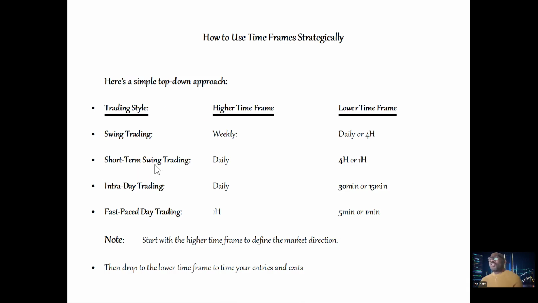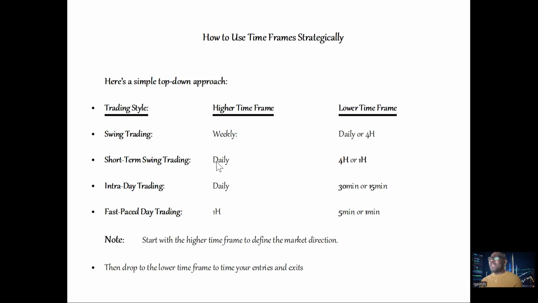So short-term swing trading, that is daily. You use daily as your higher time frame. If you are using short-term swing trading, you are a swing trader, but short-term, you use daily as your higher time frame, then 4 hours or 1 hour for your lower time frame, for your execution where you place your trade.